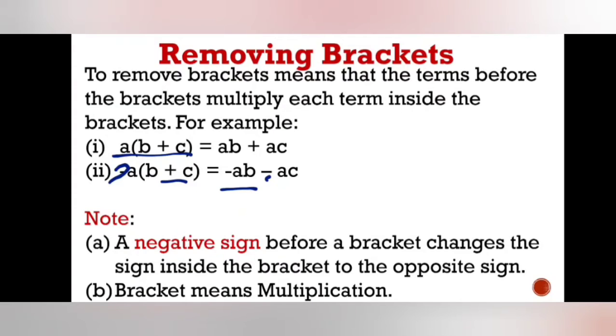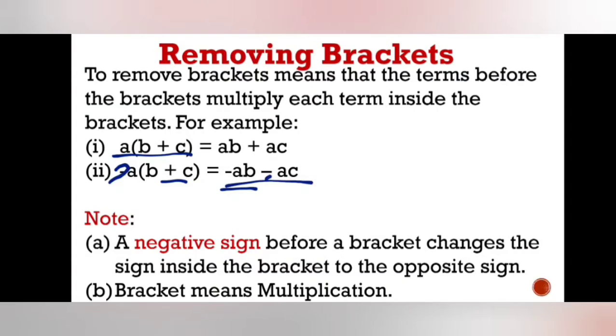So minus A times C gives us minus AC. Okay, many more we shall be seeing in subsequent examples, but note, a negative sign before a bracket changes the sign inside the bracket to the opposite sign.